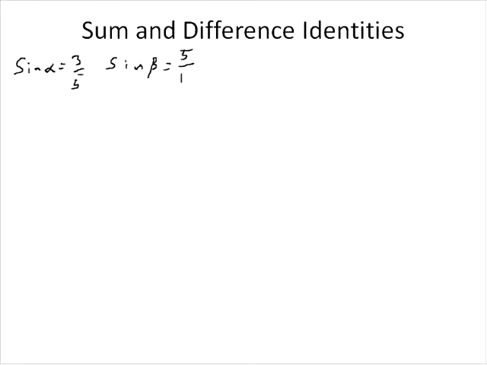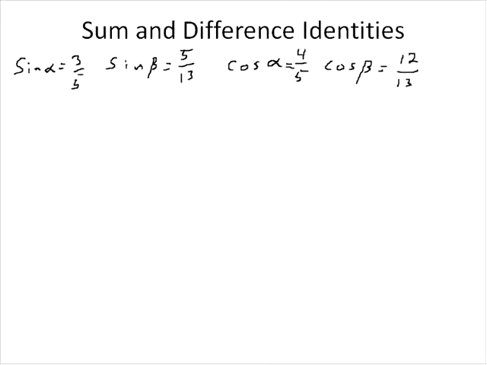Again, this is what we were given. But from those triangles that we just drew, I now know that the cosine of alpha is the adjacent over the hypotenuse, so it's 4/5. And the cosine of beta, we just solved for this, is going to be the adjacent 12 over the hypotenuse of 13.